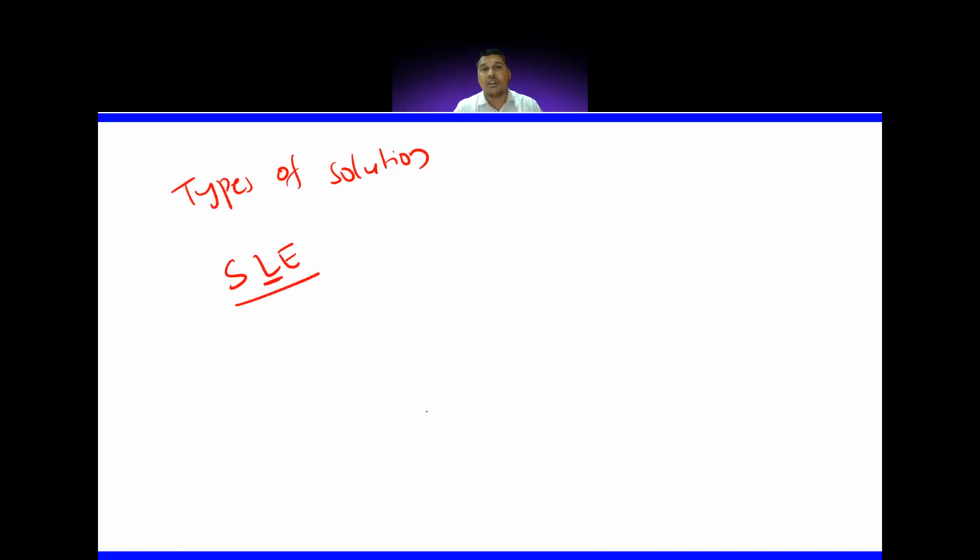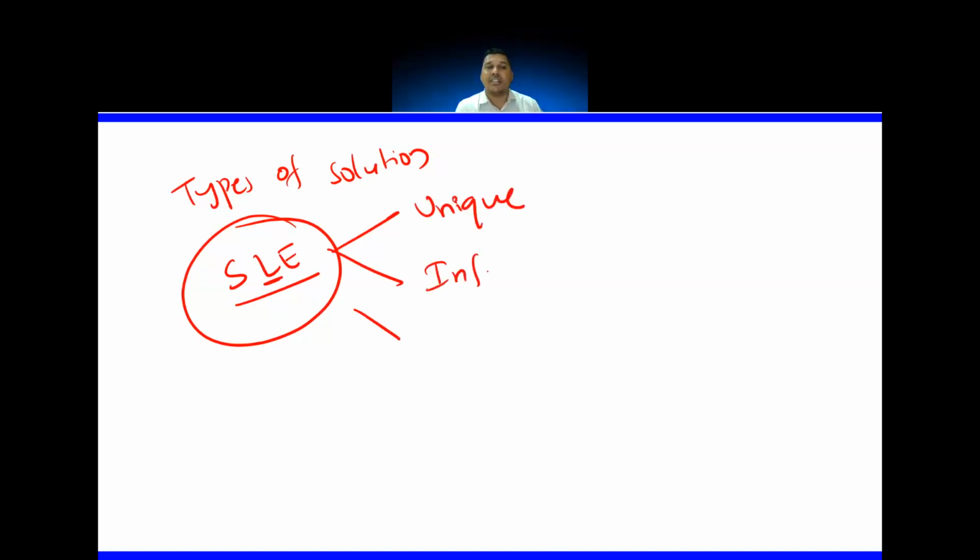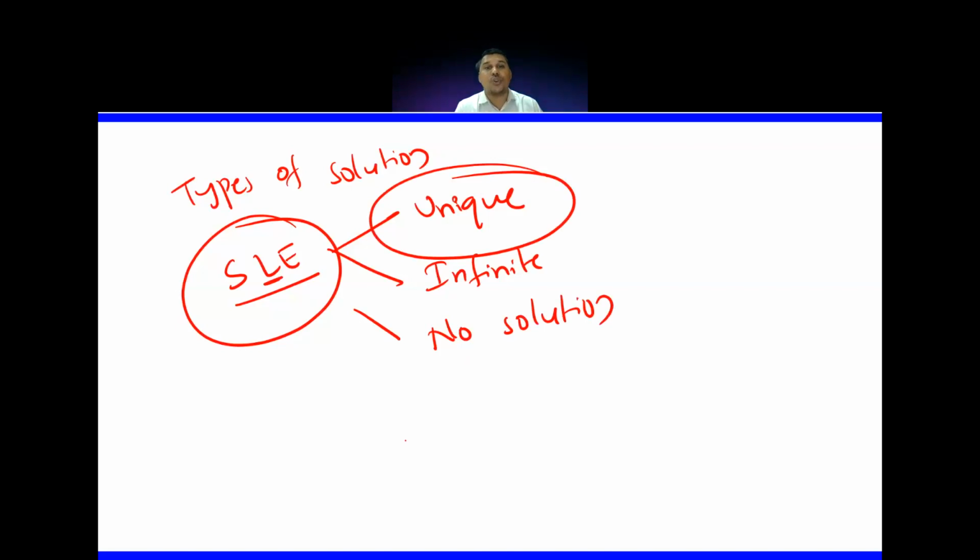We have seen how I am forming a system of equations. A system of sentences with numerical values is a system of equations. So given a system of linear equations, I can get three possible solutions: unique, infinite, and no solution. But what is our goal? Unique solutions.